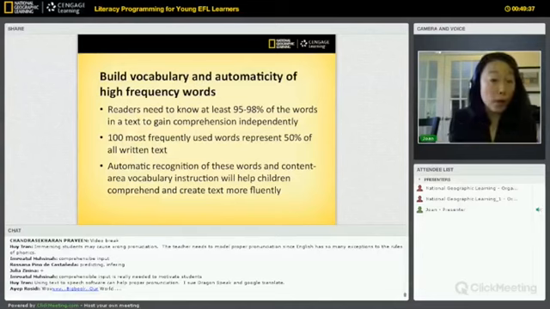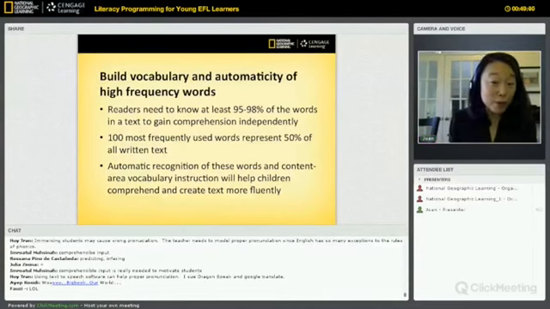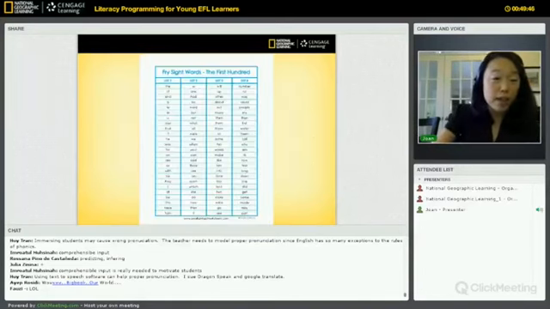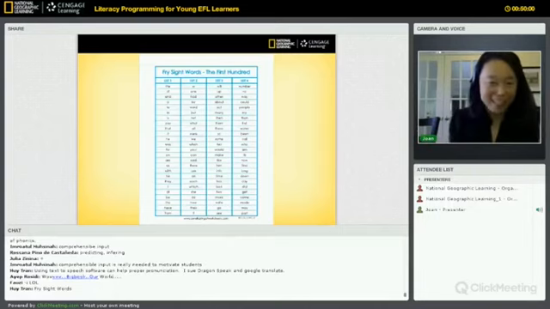Okay, so one way that you can help your students read better is to build that automatic recognition of the words. Okay, so for example, they have these lists like the Fry sight words. Okay, these are the first most frequently used 100 words. If students can recognize them automatically, right, just with flashcards, then they're going to be able to recognize so much of the text that's in the books that you give them.